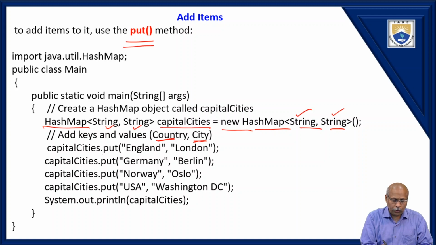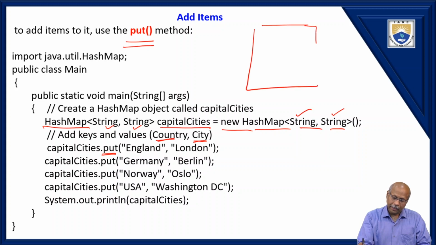Now capitalCities dot put. So when you call put method, what will happen? Internally it will maintain the dictionary or the hash map. It is mapping England with London.